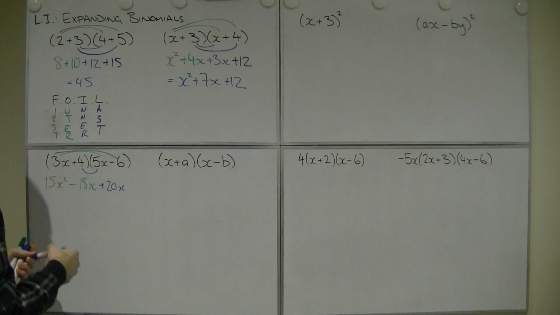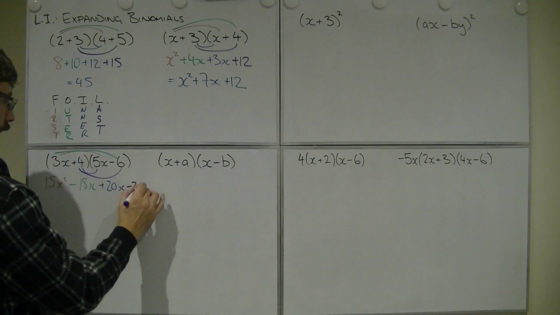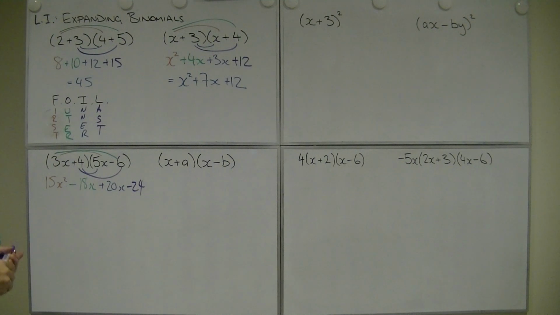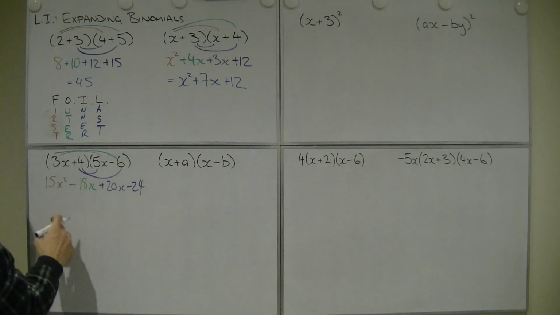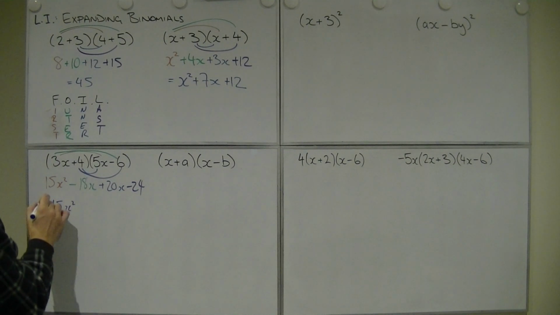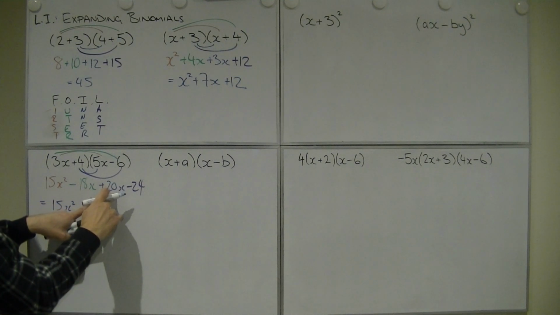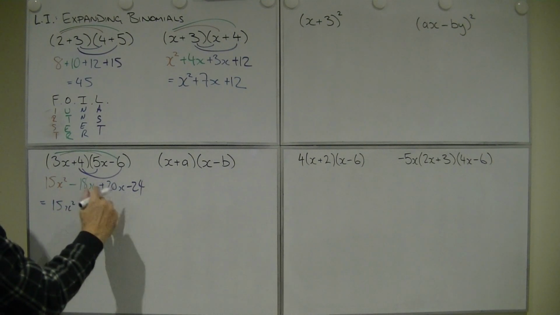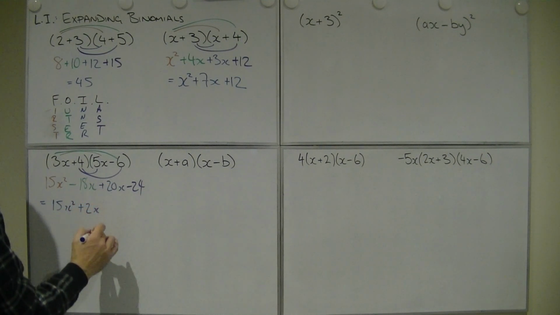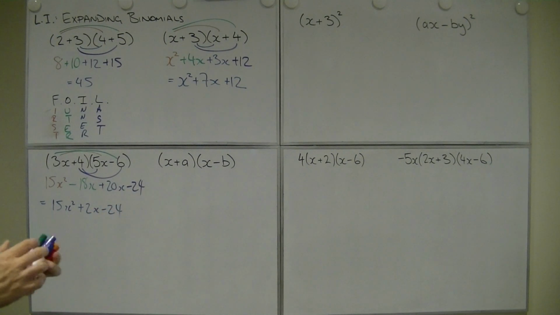And 4 and negative 6 gives me negative 24. Always try to collect your like terms. That's the only x squared, so it sits pretty. These two are like terms, so negative 18 plus 20 gives me plus 2 lots of x, and negative 24, just a pure number, sits pretty.